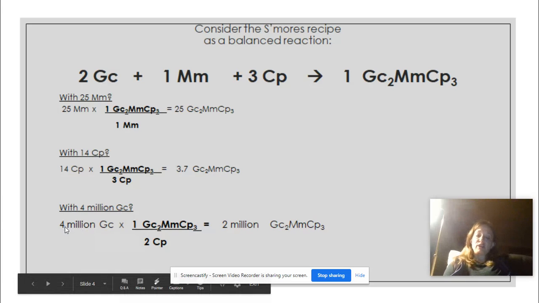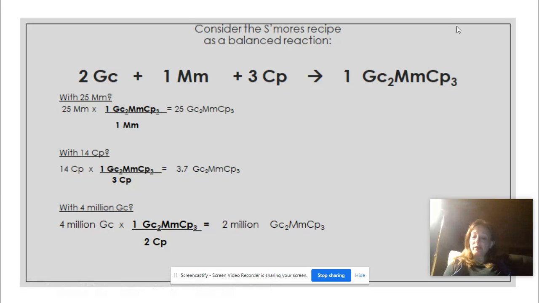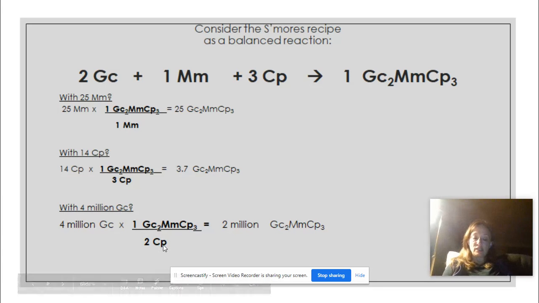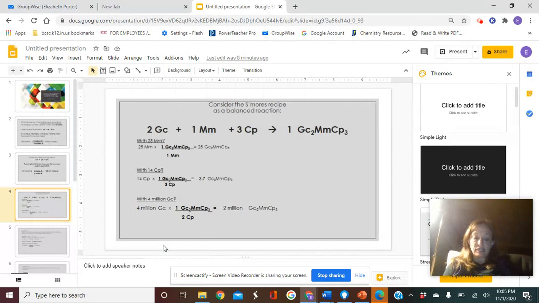And likewise, if I had 4 million graham crackers, I would multiply by 1 s'more and divide by 2 graham crackers. Oh, sorry, that should say GC on the bottom, 2 GC. I'll have to correct that in a minute.